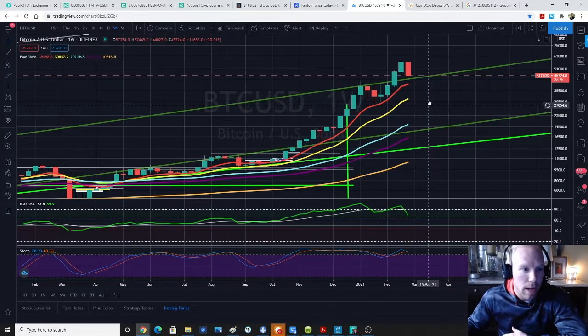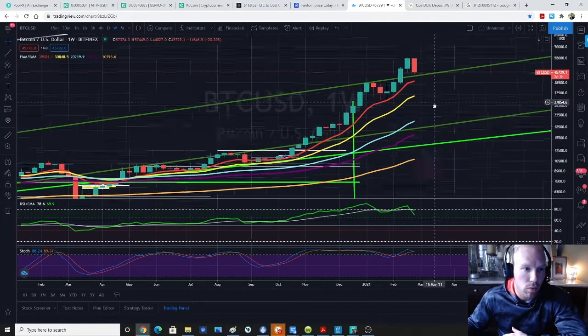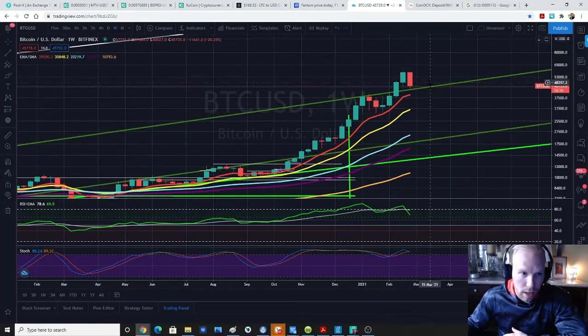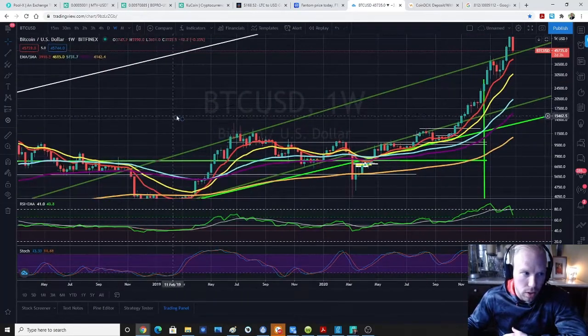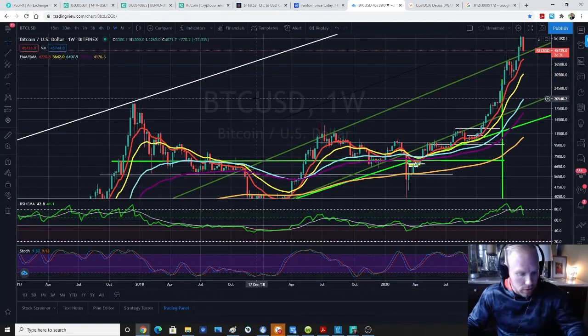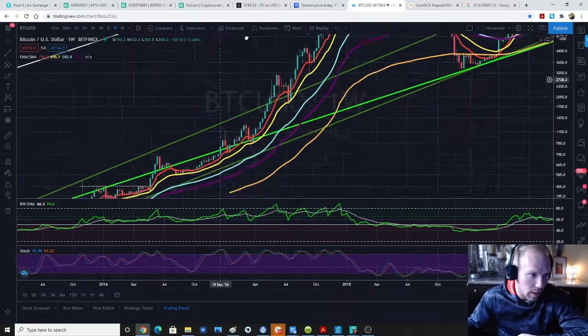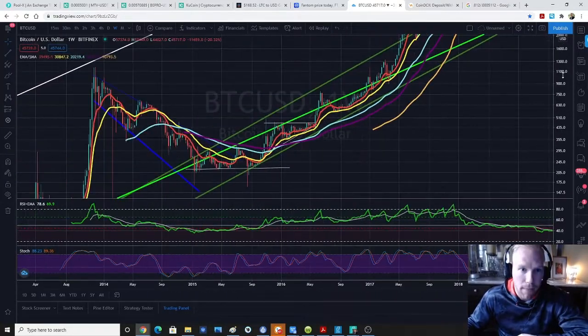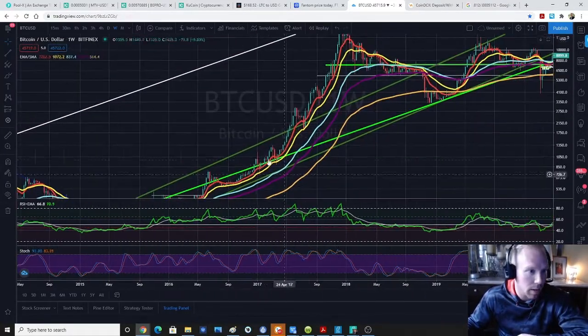So what I think will happen is a lot of times in a bull run, it hits red, yellow. Let's look, I just drew a line. Let's look at what it did here. Past the all-time high here, it's kind of like red, yellow.